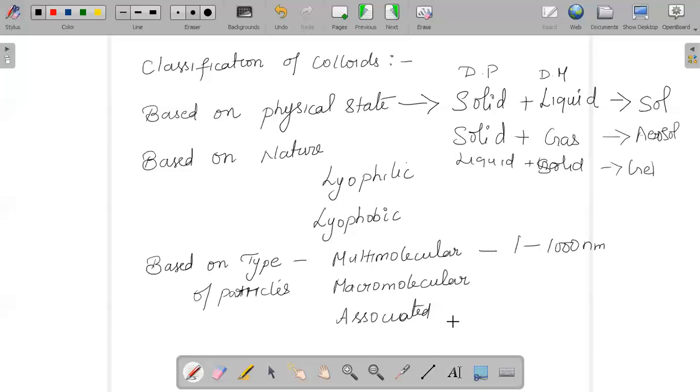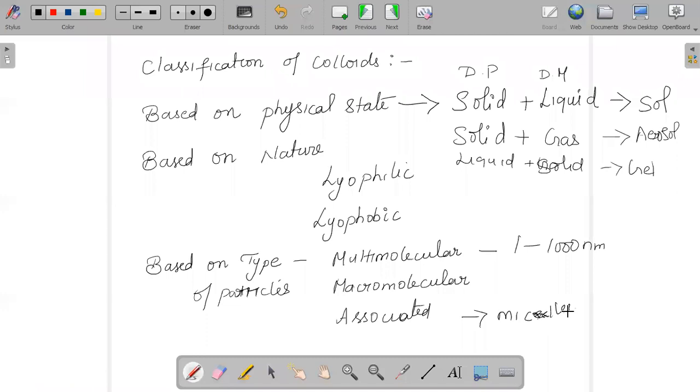Those aggregates that are formed, we may have heard of the concept called micelles.